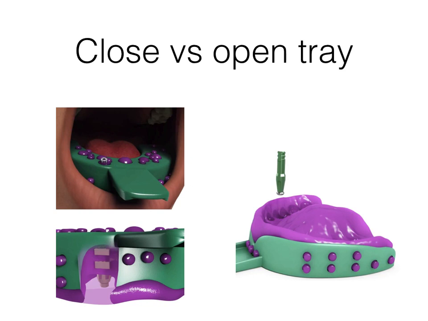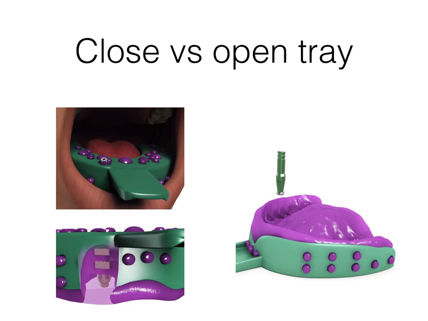On the right side is the closed tray. The closed tray technique is very similar to what you do when you take a normal tooth impression. The impression coping is all submerged underneath the tray. So after you finish the impression, you can directly pull the impression out.